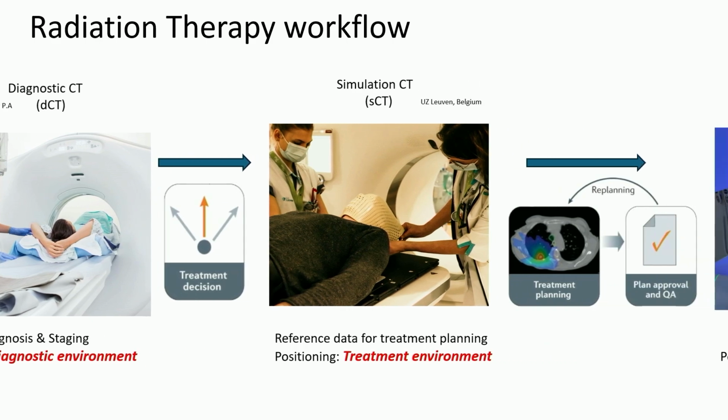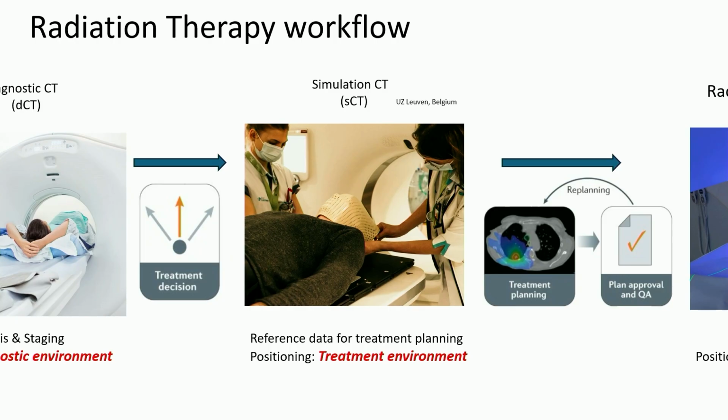Then the diagnostic image will go to the radiology department for the treatment decisions, and the patient will come back to the radiation oncology department for the simulation CT, which will provide the reference data for the treatment planning. At this part, the patient position uses exactly the same environment and protocol that the patient will face in the further treatment.